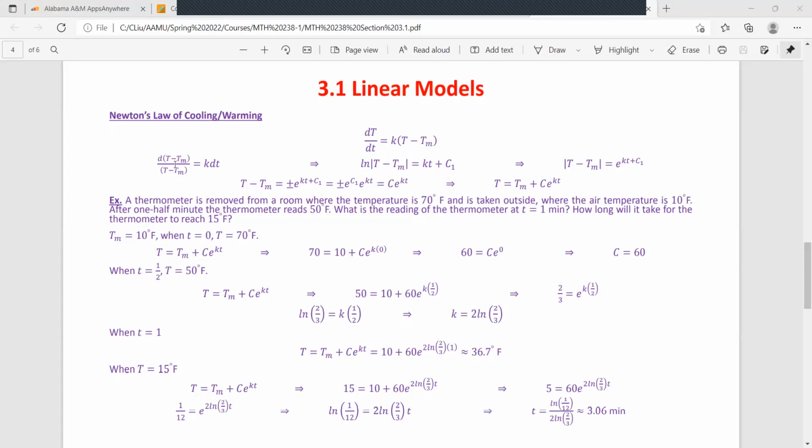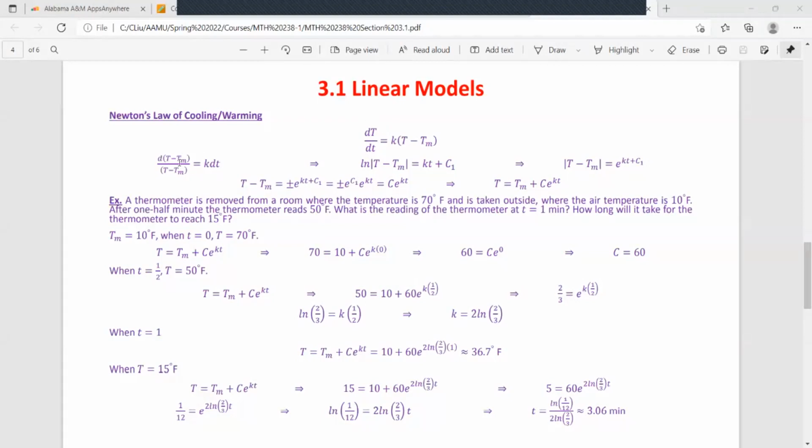Okay, so I have divided by capital T minus capital Tm on both sides of the equation and multiplied d small t. But also I have rewritten d capital T by d capital T minus capital Tm, because capital Tm is a constant. So there's no problem we do that.